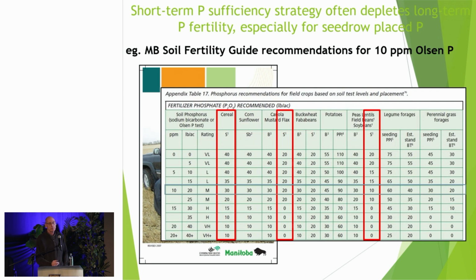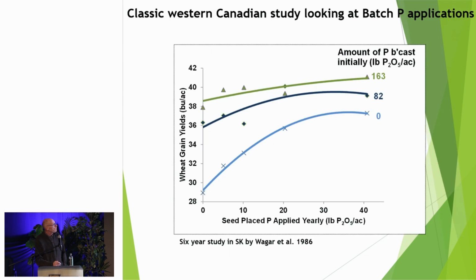But what we've observed is that with today's crop yields, these tend to lead to phosphorus depletion in the soils. Those rates are not sufficient to keep up. So on the flip side is, what about this philosophy of building soils into a better working range? And we don't have a lot of data on that, so I'm going to show you some older and then some more recent.